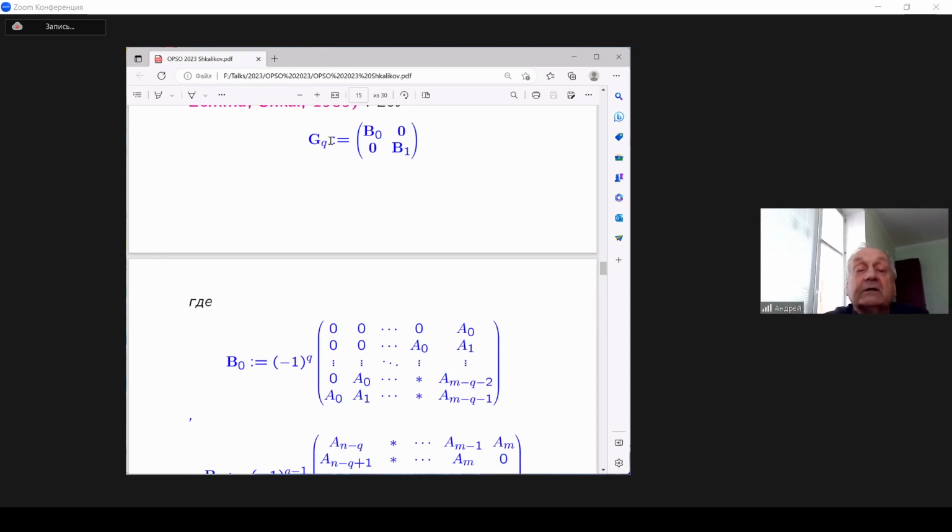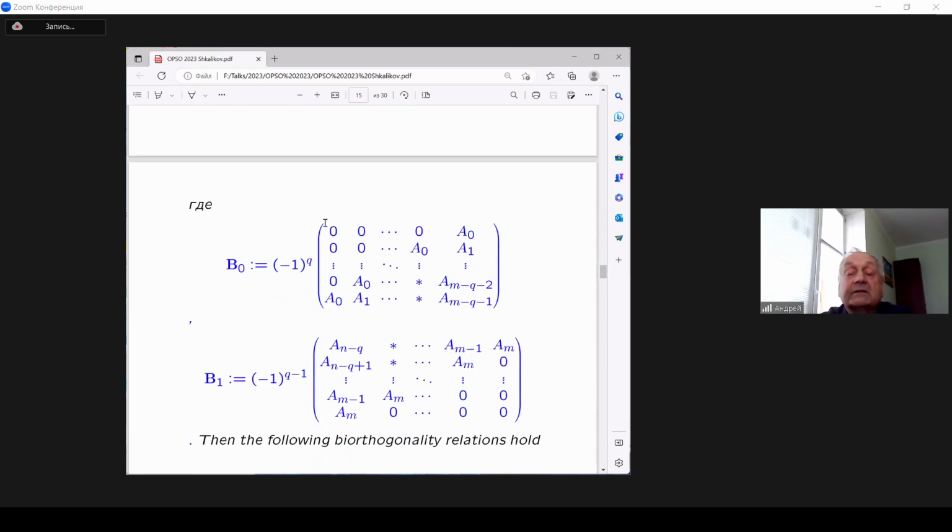So let G_Q be an operator matrix, with these operators on the diagonal, and B1 is this operator.